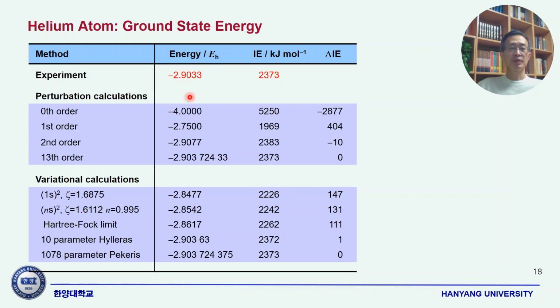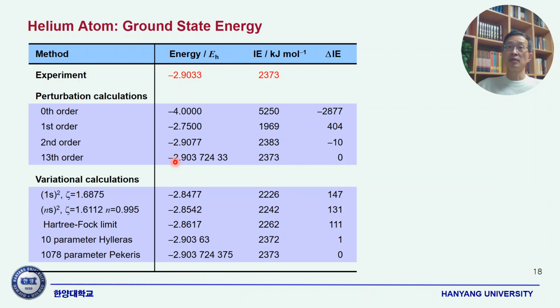So we are going to calculate how much the ionization energy differs from the experimental value. The zeroth order calculation means you don't include the perturbation at all, no interelectronic term, which gives minus 4, and this is kind of terrible. But first order improved this much already. The difference from here is 404, and second order is minus 10, impressive, and 13th order eventually will give you 0, which is a more accurate value than the experimental energy.